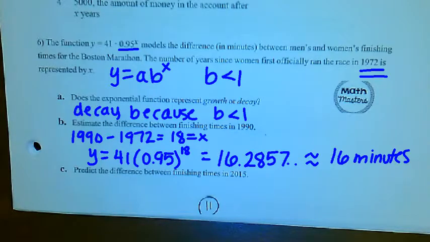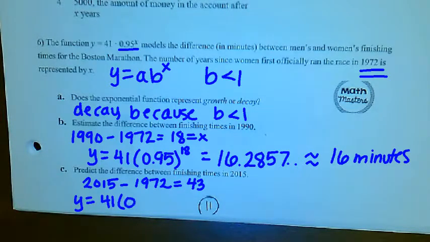All right, predict the difference between finishing times in 2015. Okay, so same exact thing: 2015 minus 1972. Again, this gives us our x value because x represents the years since 1972. I'm just going to do it right over here.